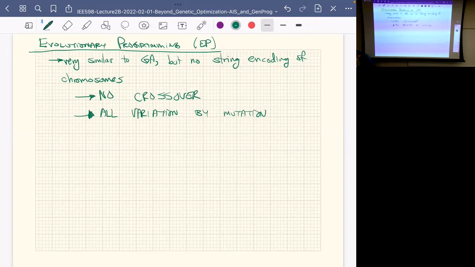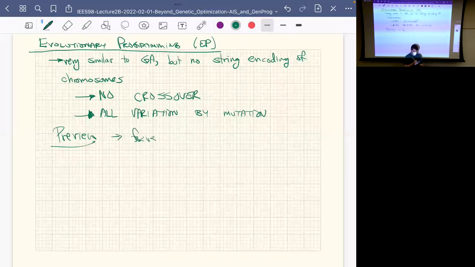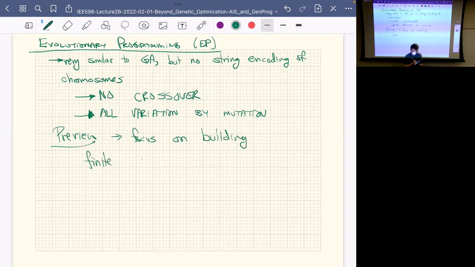And so I'll go into more details about this next time, but just as a preview, the focus was on building finite state machines automatically.